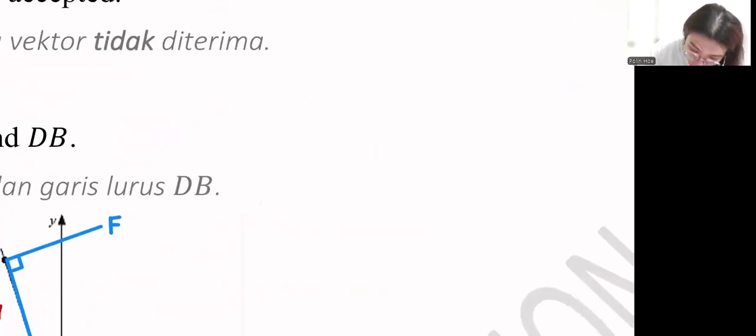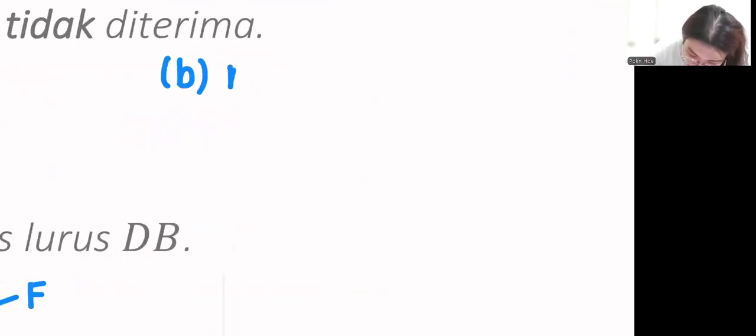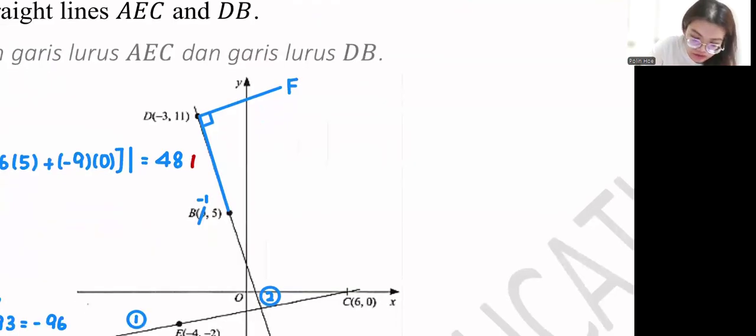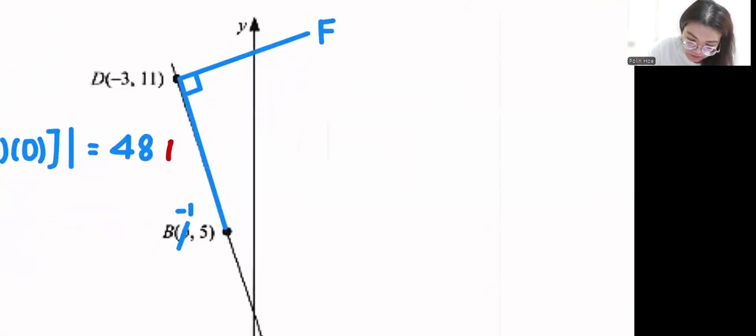Gradient DB equals to, if you forgot how to do gradient, 我每次 share 跟我的学生的方式 what I do with my student, we highlight the one at the back. 后面的我们 highlight and we put a tick.